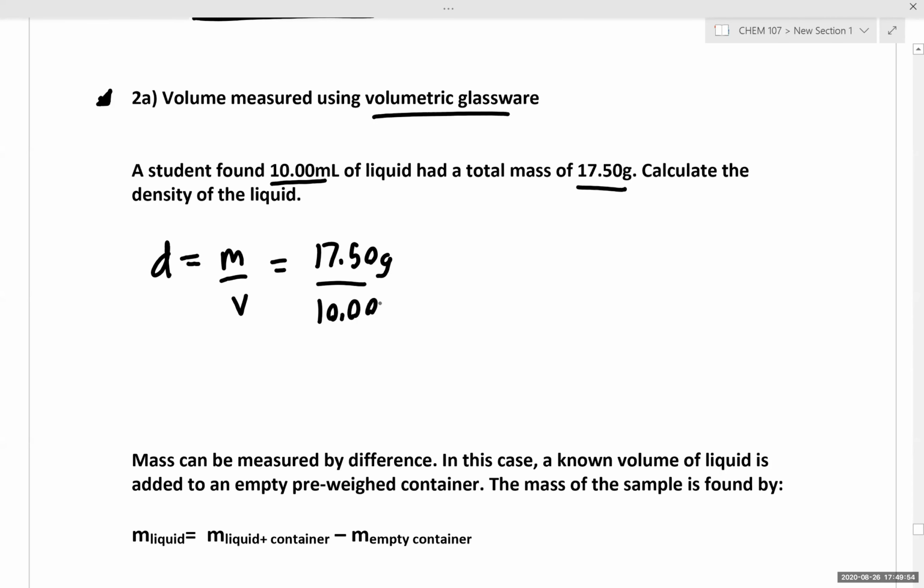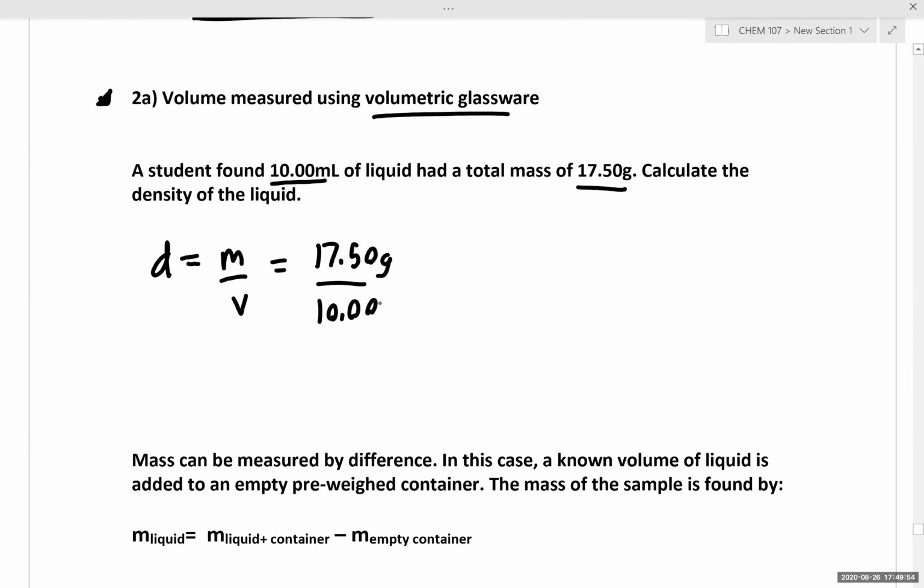So, for example, if we have a beaker containing water or another liquid, what we can do is record our initial volume. This is the initial volume of water.